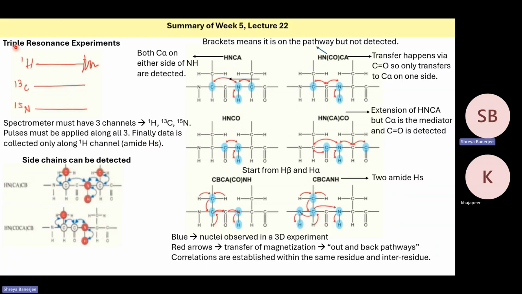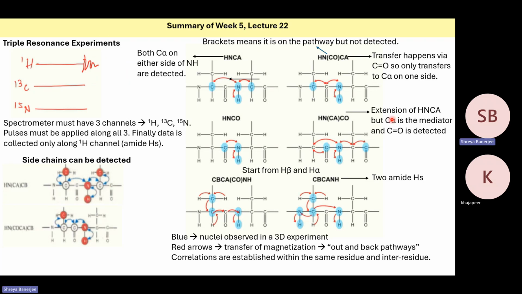In the triple resonance experiments, you have three channels: 1H, 13C, and 15N. In the HSQC, there were specific pulses applied in 1H and specific pulses applied in 13C, and in triple resonance, pulses are also applied along 15N. But ultimately, the final data or FID is always collected along the 1H.